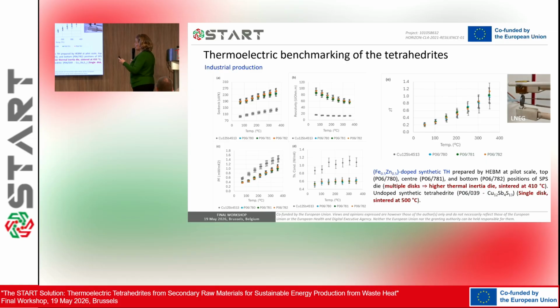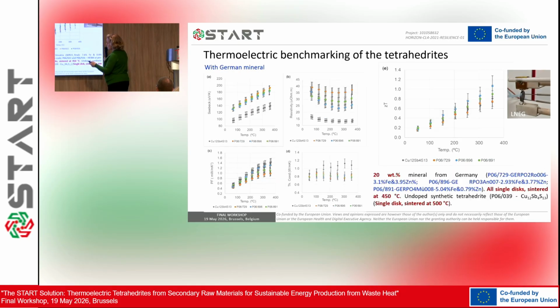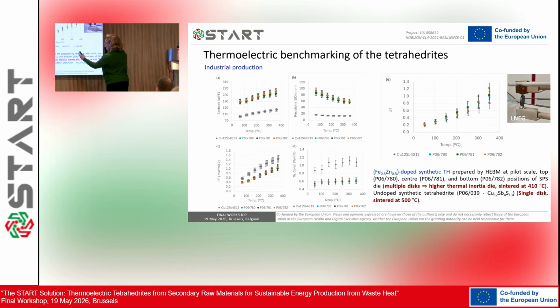And this is the material in which these ones were sintered by Genicor with one disc, and these ones have been sintered by Genicor with multiple discs. So we believe that there is something going on with the thermal inertia of the die, which takes much longer to cool down. The pores are much smaller.